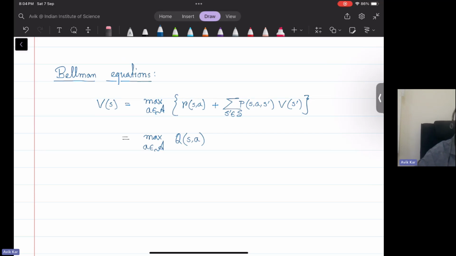But how to write this in the form of a Bellman equation? Okay.